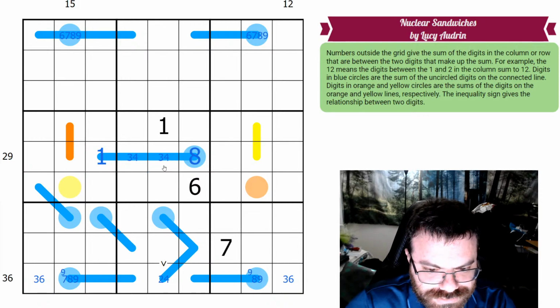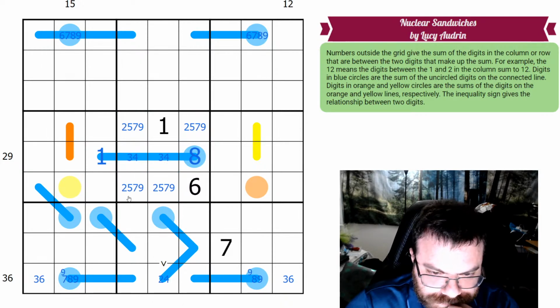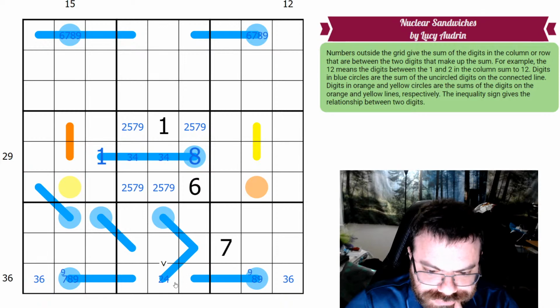And then the rest of these are 2, 5, 7, 9. Don't think I can clean any of that up. Do these do anything?